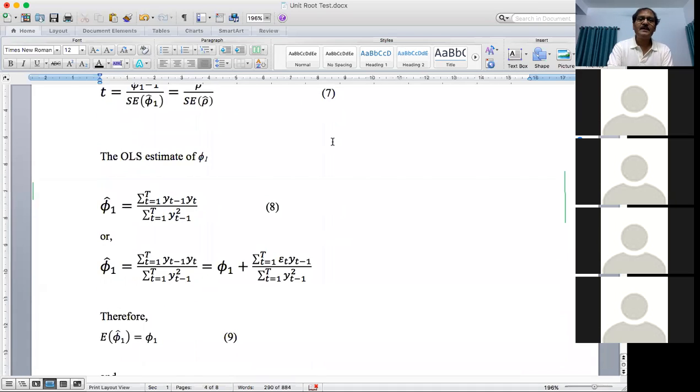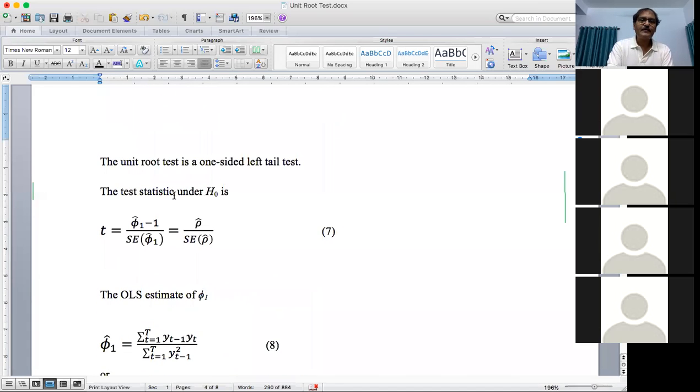And the statistic used in the Dickey-Fuller test is similar to the t statistic, that is, phi 1 hat minus 1 divided by standard error of phi 1 hat. So to understand the testing procedure in Dickey-Fuller, we need to understand the value of t we have got here. So value of t is equal to phi 1 hat minus 1 divided by standard error of phi 1 hat.